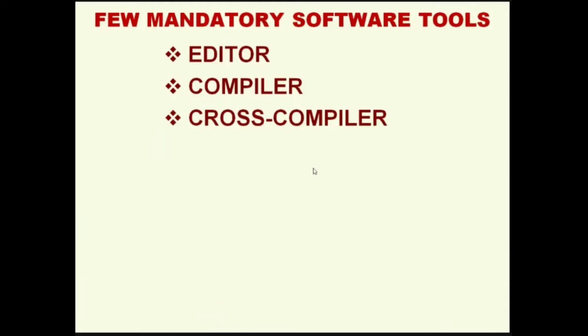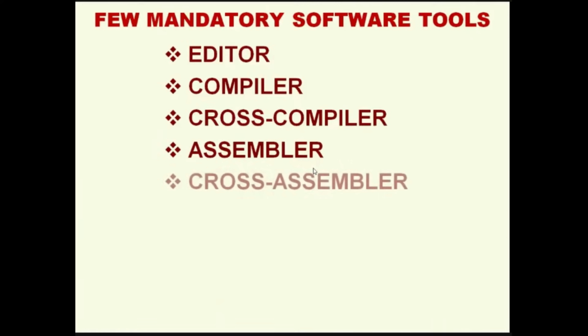So the target board contains a microcontroller. This cross compiler compiles the C program and produces an executable file for the target machine. Even though this cross compiler runs in the host machine, it produces the executable file for the target machine, hence it is called a cross compiler. Similarly, there is an assembler which converts assembly language to machine language.